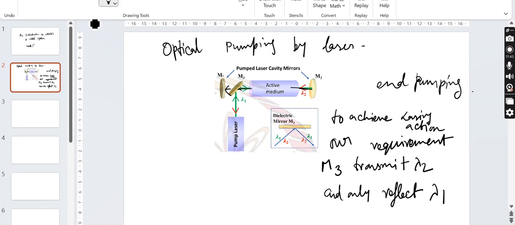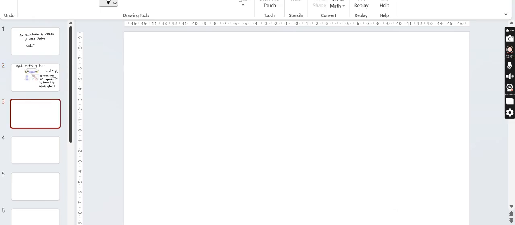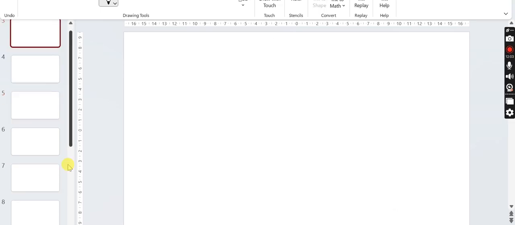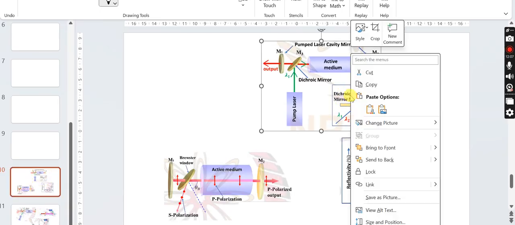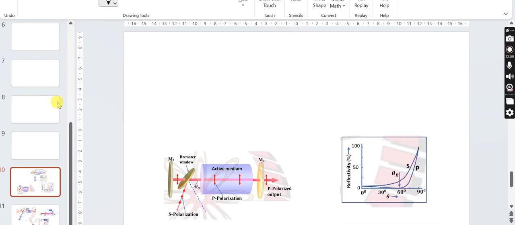An ordinary dielectric mirror can be of no use to us. We need a mirror that can transmit one level, and for that you use a dichroic mirror.